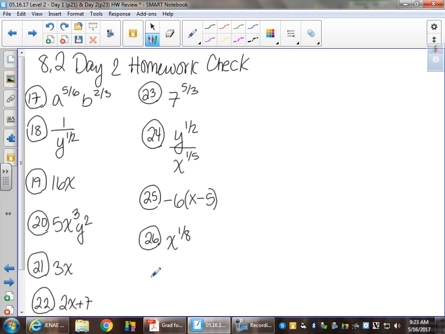X to the 1/8. 27. X to the 1/6. So make a note of which ones we want to talk about, and we will. 28. 14. X to the 4th. Y squared.